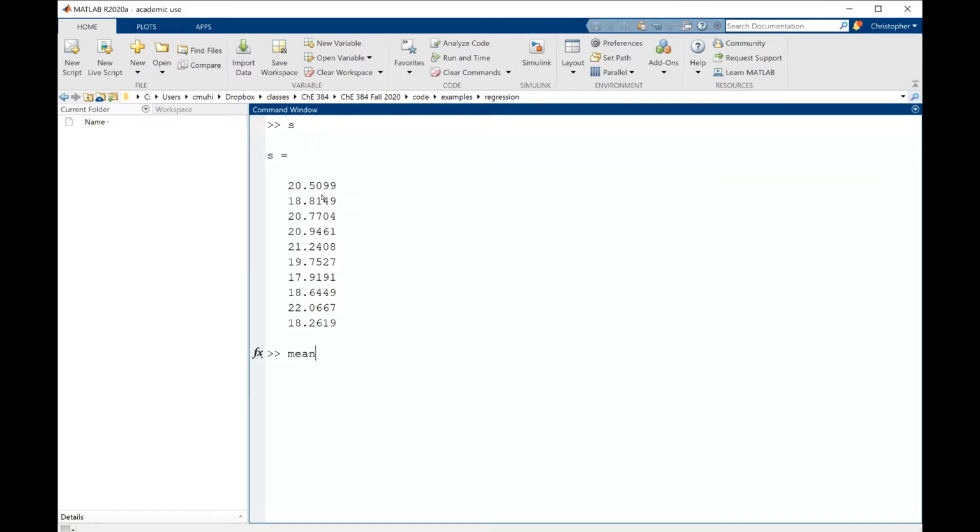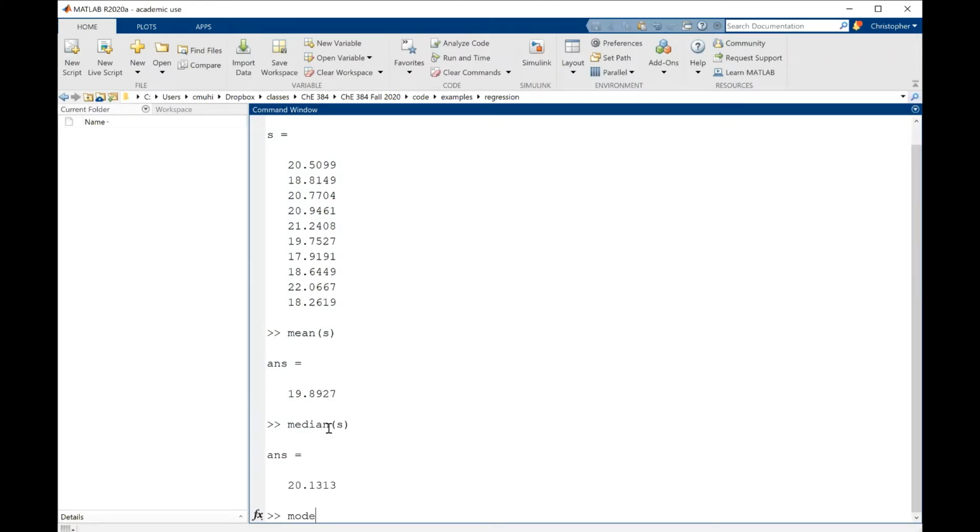So I can use the mean command and find that my average, or my mean, is just under 20, 19.89. We can do the same thing with the median, the mode, and find the min and the max.